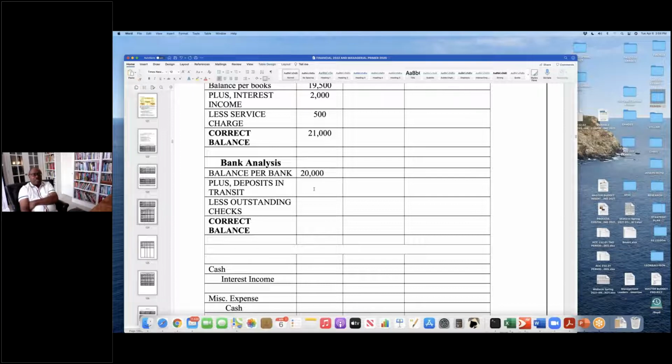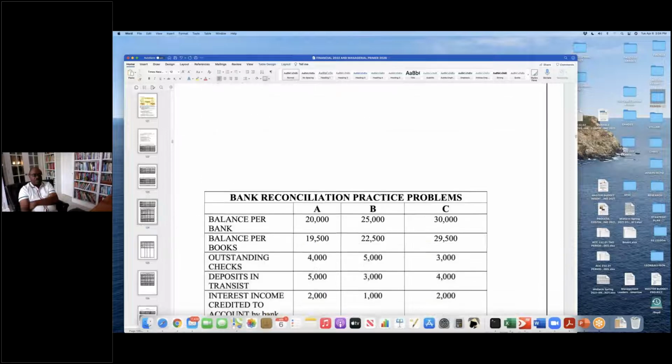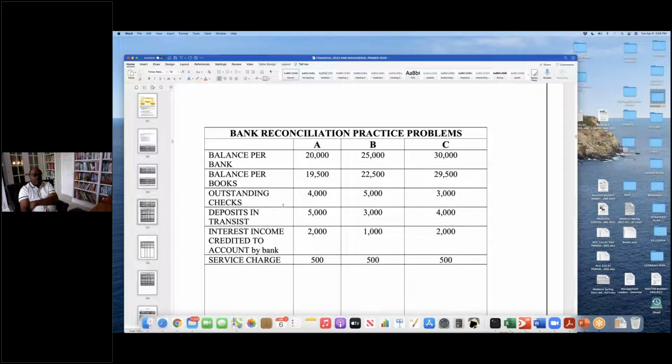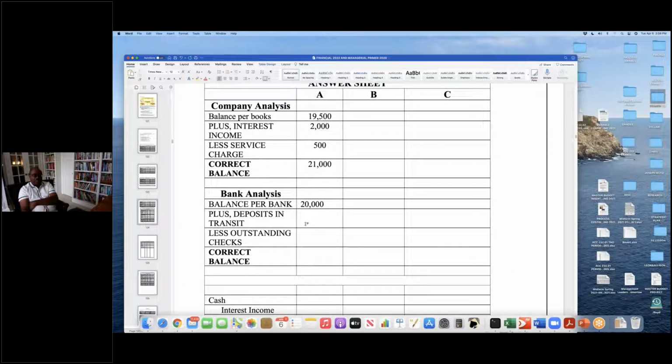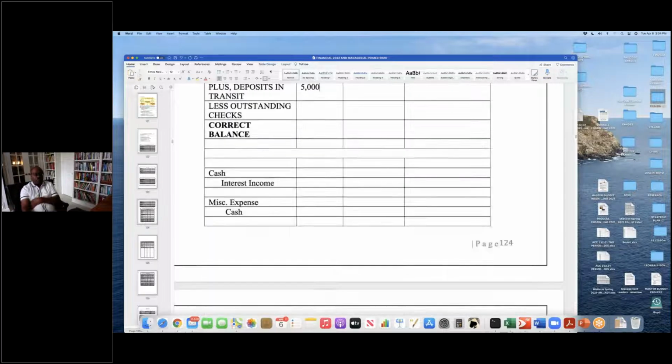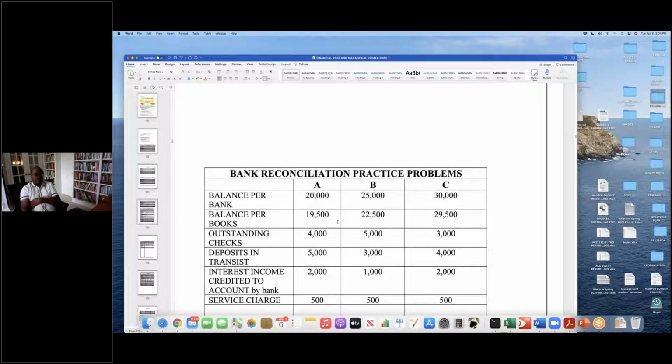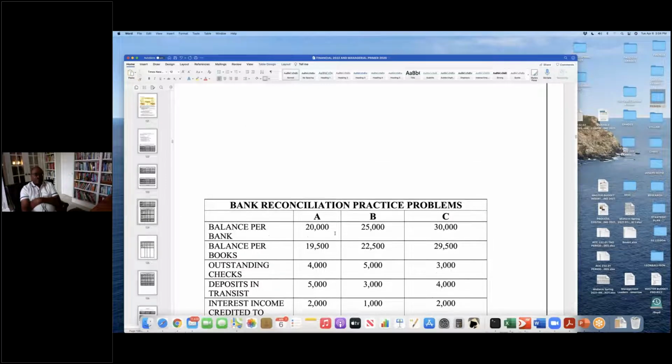How much are the deposits in transit that they don't have? 5,000. Were there outstanding checks? 4,000.